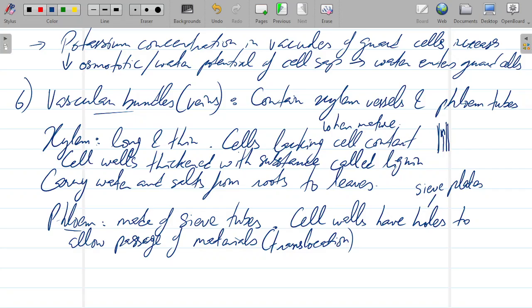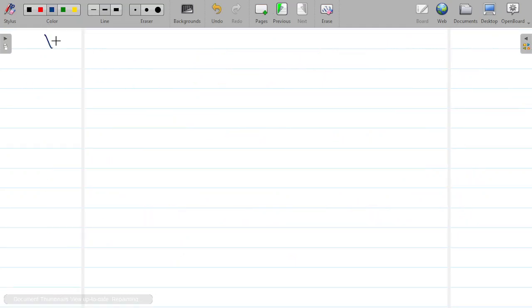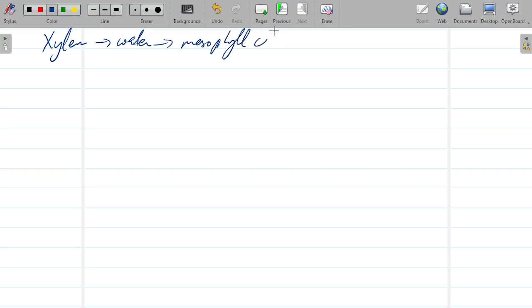And so photosynthesis requires water as well, and so that is provided by the xylem. And so from the xylem, it brings in water and it moves through the mesophyll cells via osmosis.